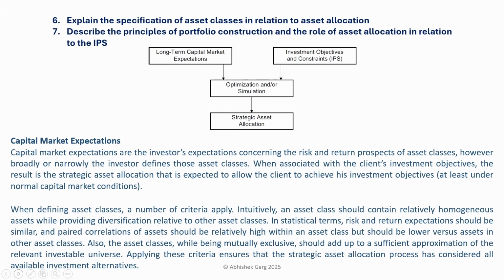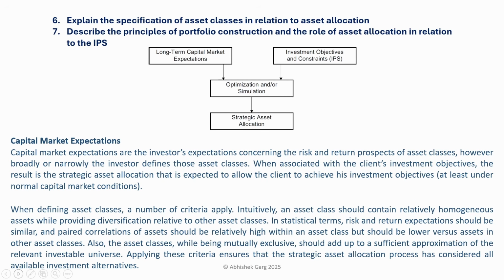How do we arrive at a strategic asset allocation? First of all, we make long-term capital market expectations. Capital market expectations basically mean how the capital markets are going to behave in the long term. This long term could vary depending upon the investor. If we are talking about individual investors, it could be 4, 5 years, 10 years.